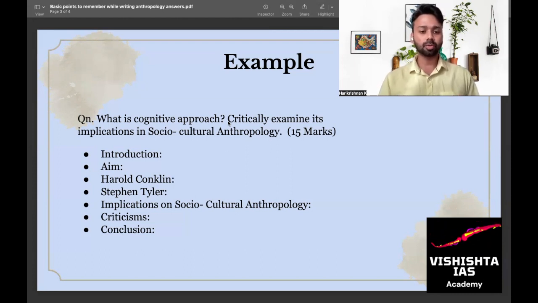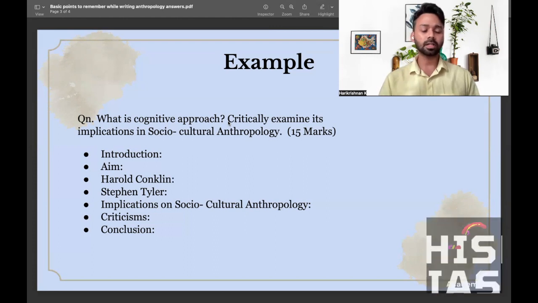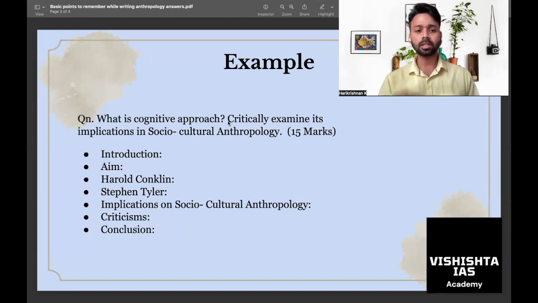So what I would do is I will be starting with an introduction. In the introduction, it is a theory-based question. So all I have to do is I can just write the definition. What is cognitive anthropology? The basic definition or the basic meaning of cognitive anthropology has to be mentioned. That's all. Then, aim of cognitive anthropology, 1 or 2 lines.